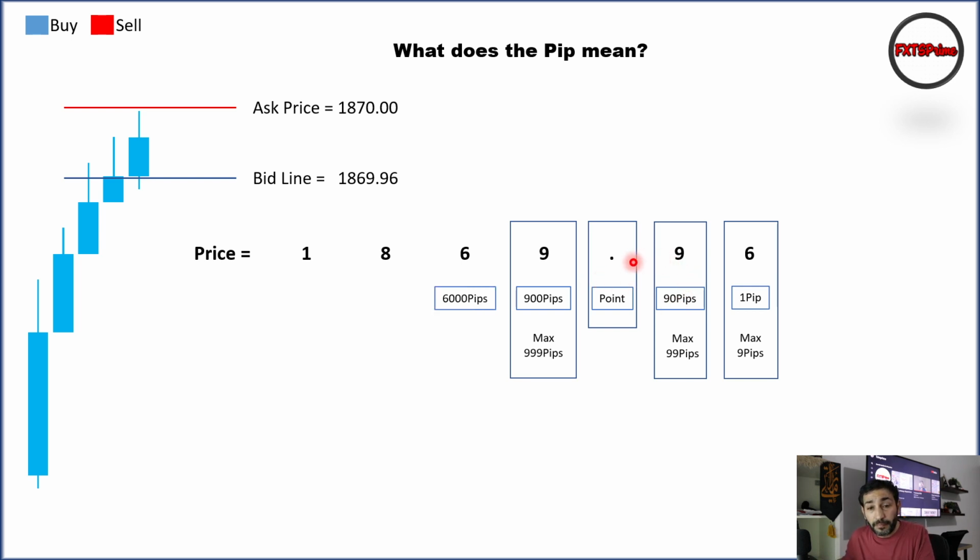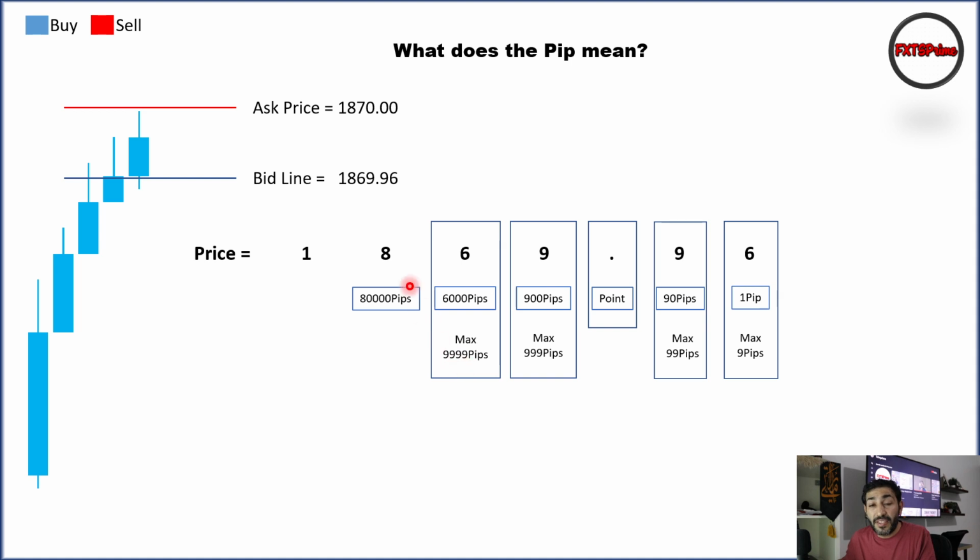Next one, this one means thousands. This number is equivalent to 6,000 pips. The maximum number that can go here is 9,999 pips, when all four digits become 9.